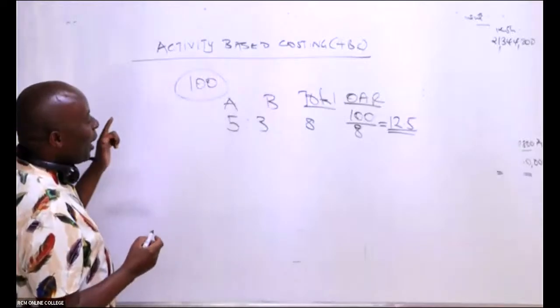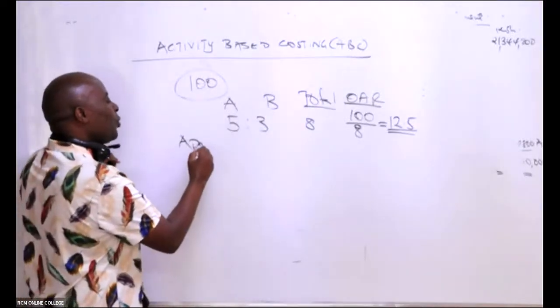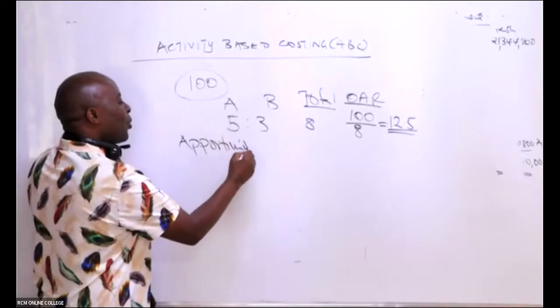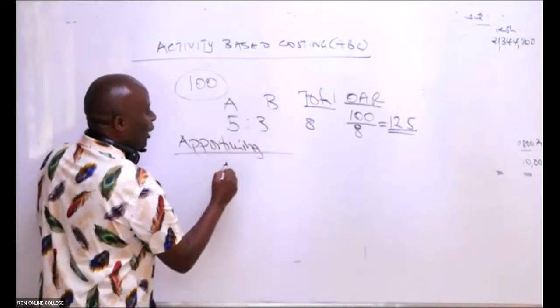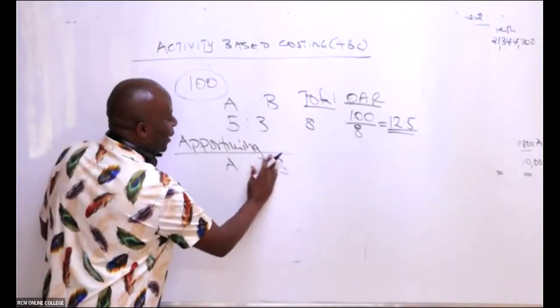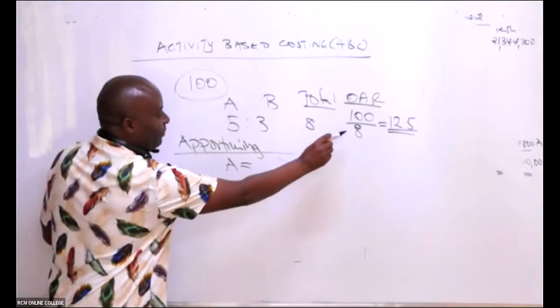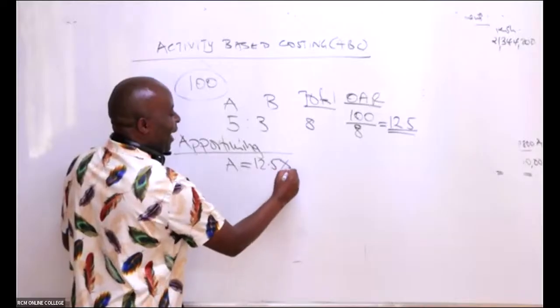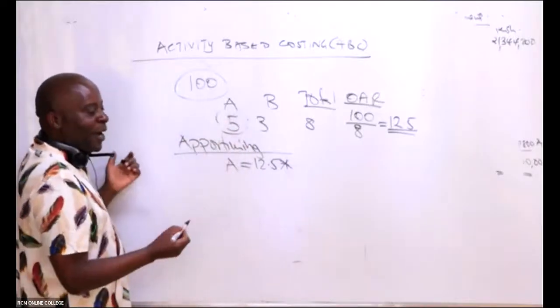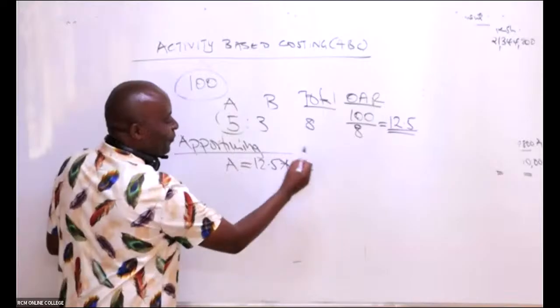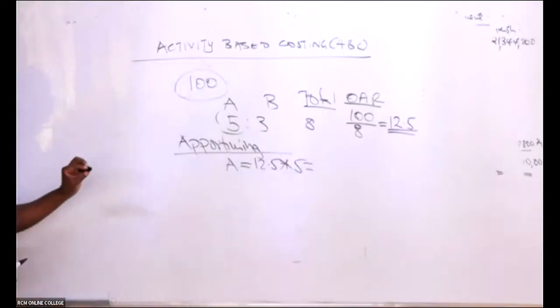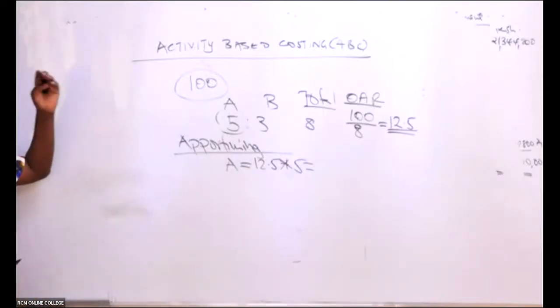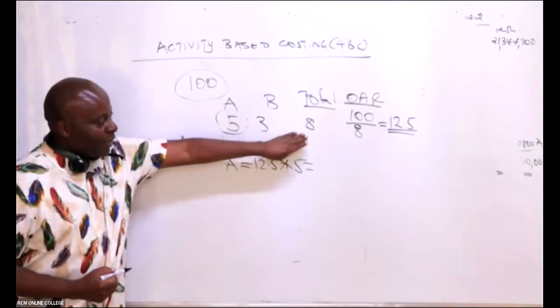So that when I'm now apportioning the money, instead of using the fraction approach, I will say, A, we know that he's supposed to be consuming 12.5 per unit. But you see, A has got how many units here? 5. In the OAR approach, you take the total overhead and divide it by the total activity units.